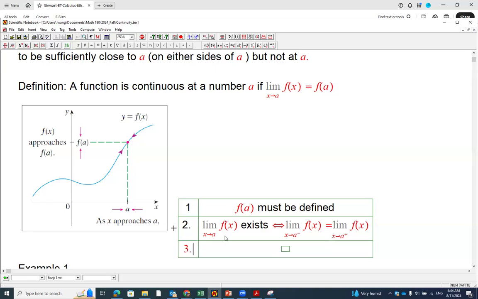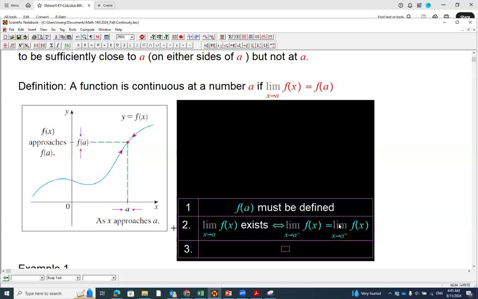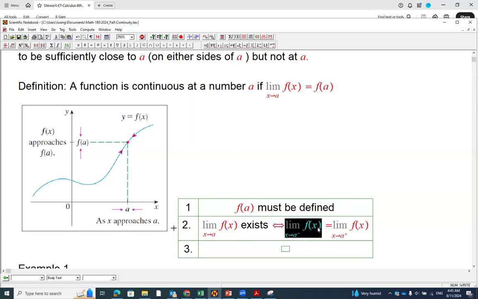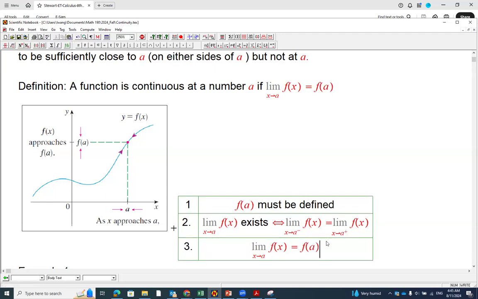Number three. The limit from the left and the limit from the right both exist and are equal, and of course that makes the limit of the function at A. And thirdly, the items in number one and number two must be equal.